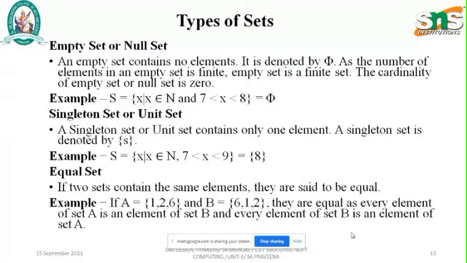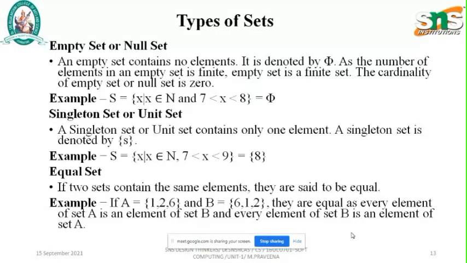The empty set is a finite set because there is no element, so the count is 0. The cardinality of the empty set or null set is 0.